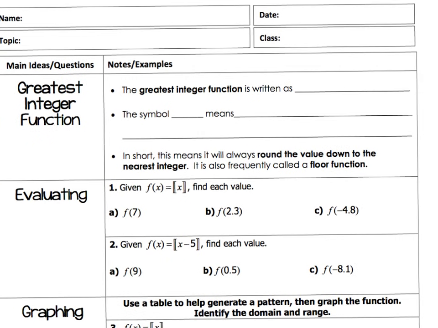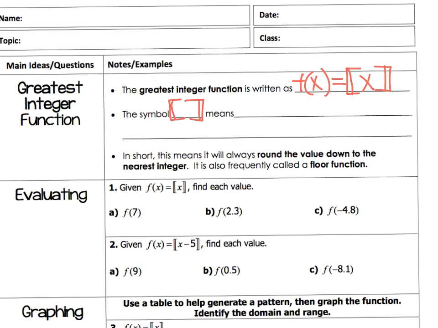We write the greatest integer function with this notation: f of x equals, and then we use this little symbol right here, x, and this little symbol right here. What I want to emphasize is that the symbol for greatest integer functions is like a bracket with an extra line in there.